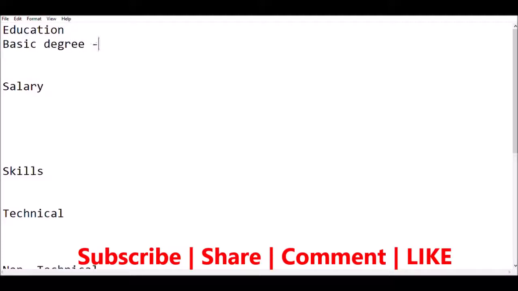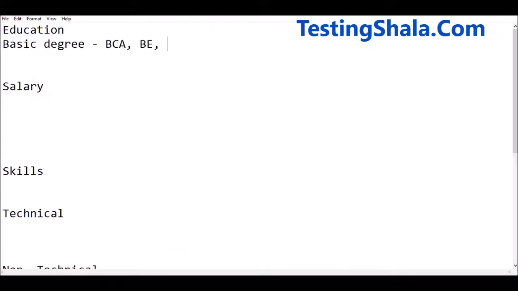The basic degree could be BCA, or you can talk about BE, which is Bachelor of Engineering. Sometimes some companies expect M.Tech as well. In some companies, people who completed BA or BCom are trained in software testing as well.